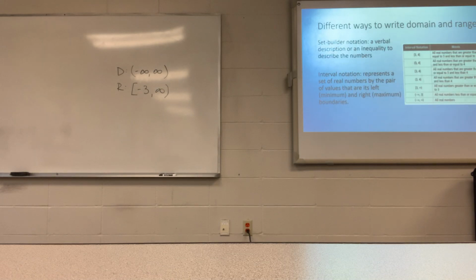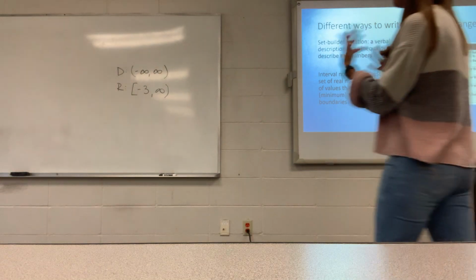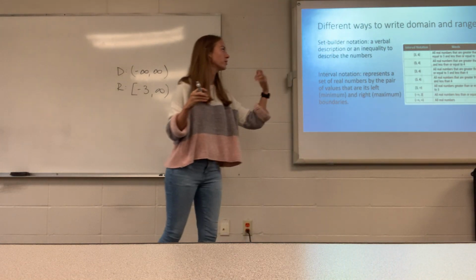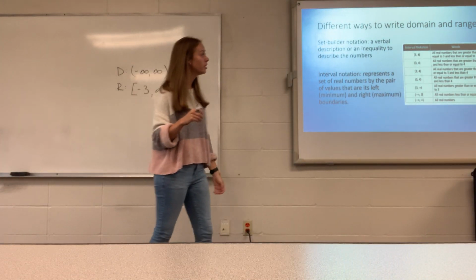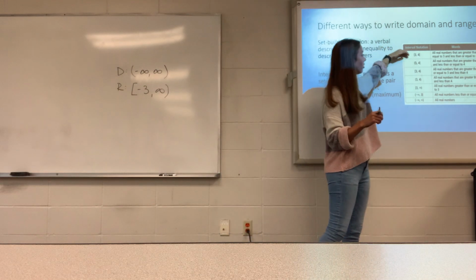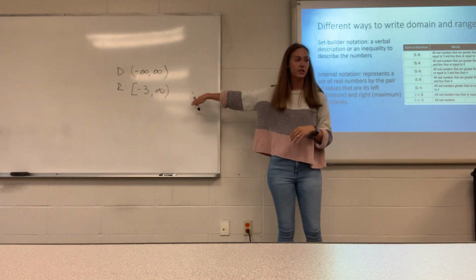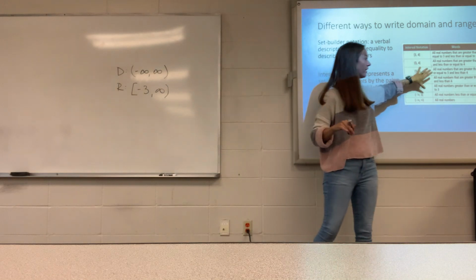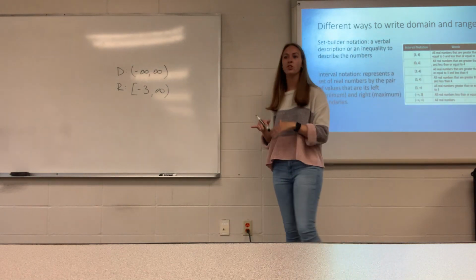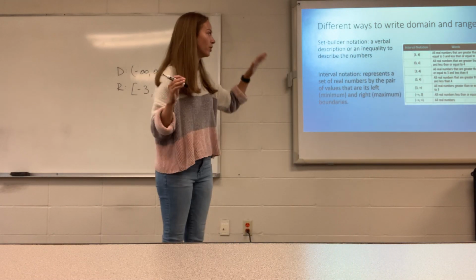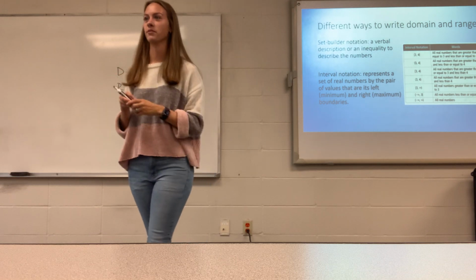All right. So now there's a couple different ways to write the domain and range. My favorite, and the way I'll mostly write it, is just interval notation. And you can see it's written all of these different ways. It's just like we just did up here. You could also, if you want to explain everything in words, do that, but that's a lot more writing than just writing 2 numbers and parentheses.